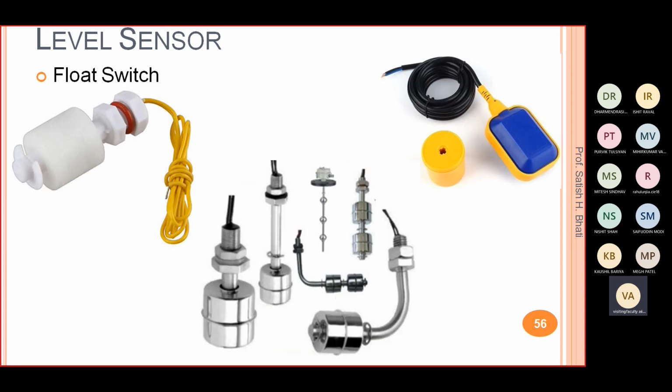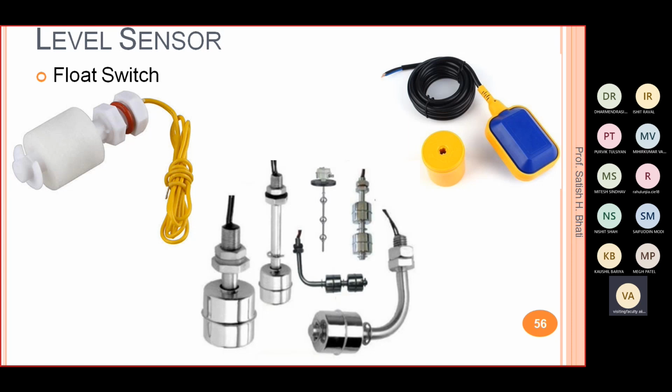You will find the float switch in many different sizes and shapes, depending on the application. Some are used in industry, and with some kinds of liquid you can't use plastic material, so you have to use metal.